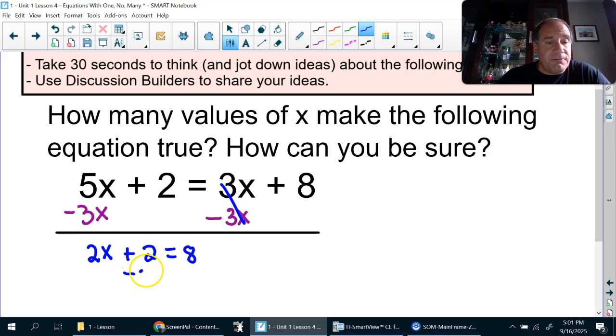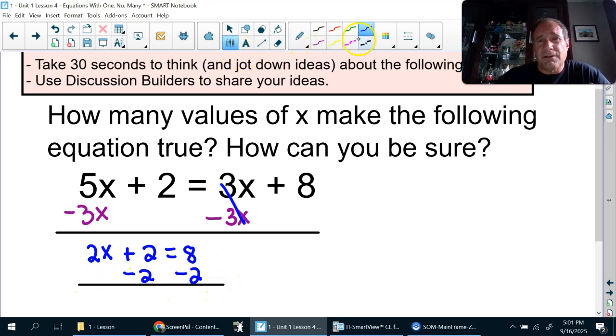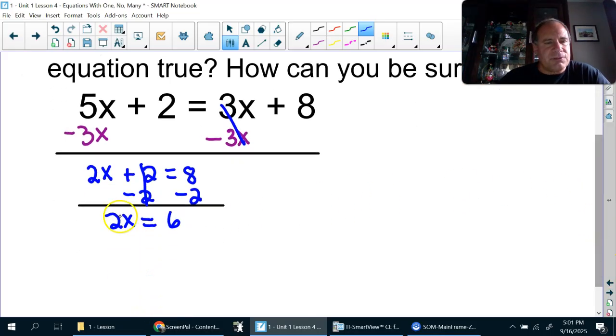Now, I told you before, if you paid attention, if there's one x, that means you're going to have one solution. So this comes out to be 2x equals 6, and then you're going to divide by 2 on both sides, and you're going to get x equals 3.